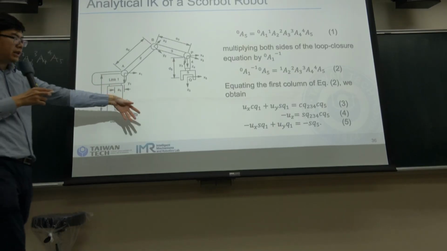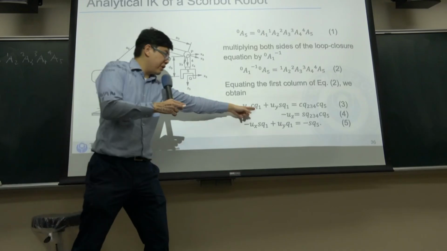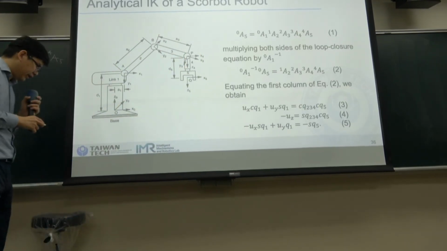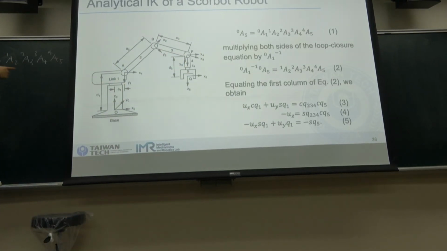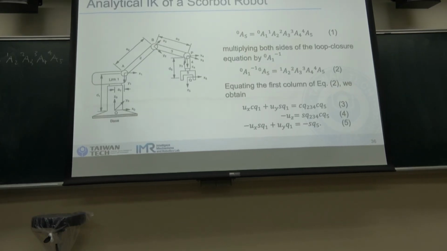For the inverse kinematics, we need to derive the forward kinematics first, and once we get the equation, we can do the inverse kinematics. So this is the forward kinematics, and we multiply by the inverse of the first one.